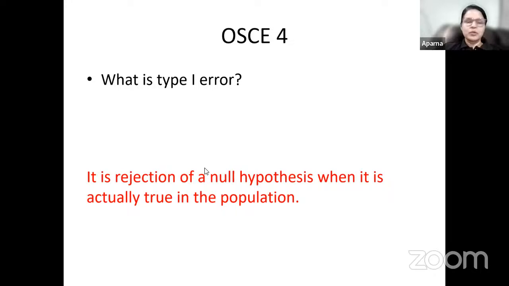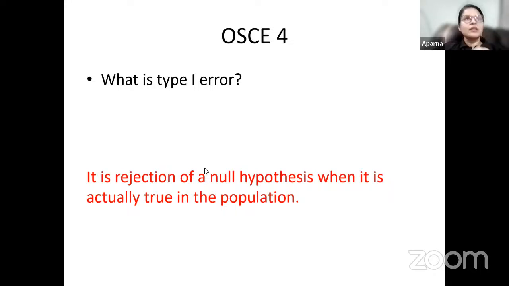So what does null hypothesis mean? Let's imagine you are doing a study comparing an intervention versus control. Now, null hypothesis essentially means that there is no difference between the two groups, which means there is no difference between the intervention and no intervention. So if you ended up rejecting the null hypothesis when the null hypothesis is actually true, it's called type 1 error.